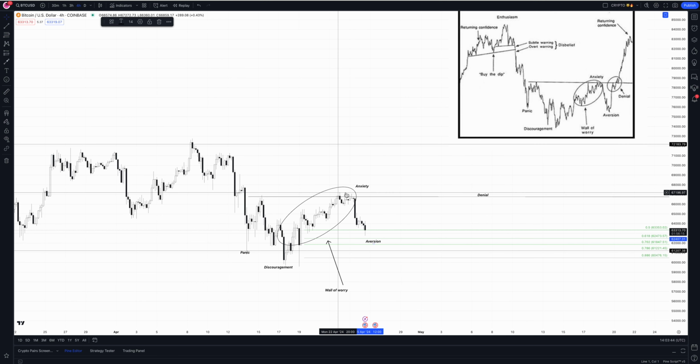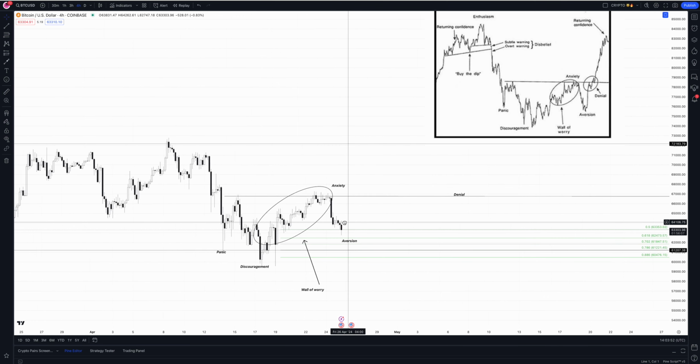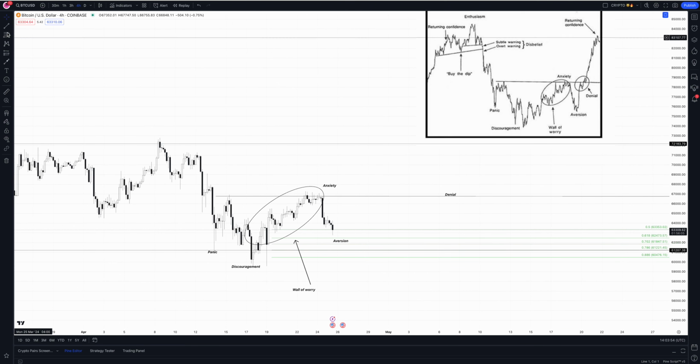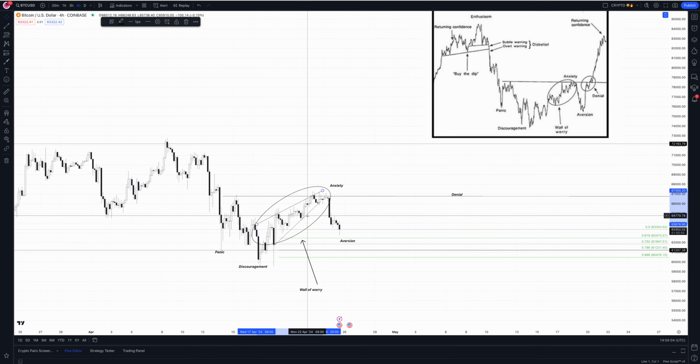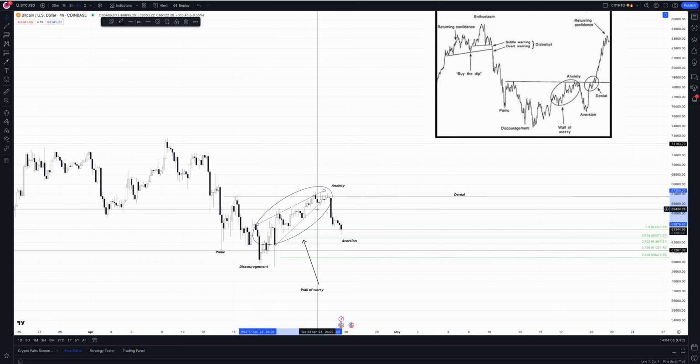So all the people that are having anxiety within this bubble over here, within this circle, and then you see the breakdown. So everyone on Twitter, everyone on YouTube, they're saying that this is a bearish rising wedge, and then when it breaks down, they're like, okay, yeah, it is a bearish rising wedge.